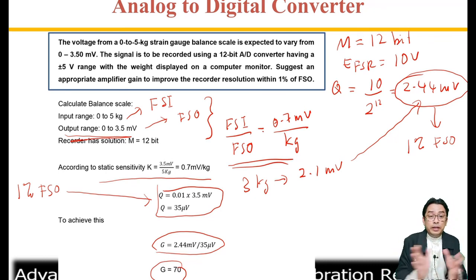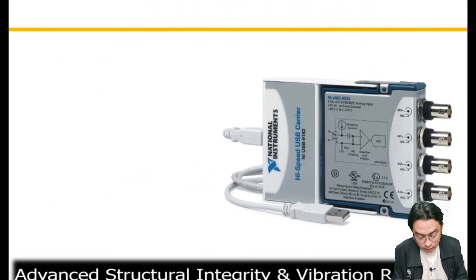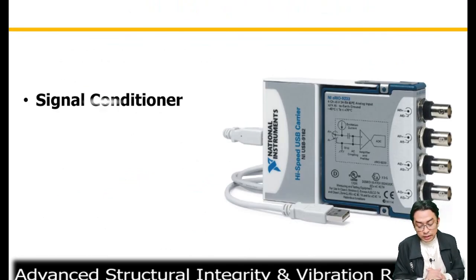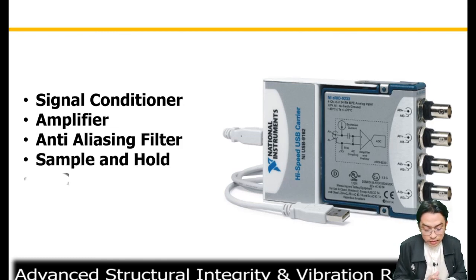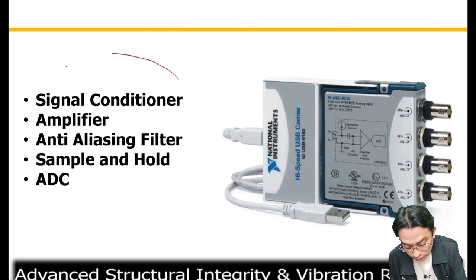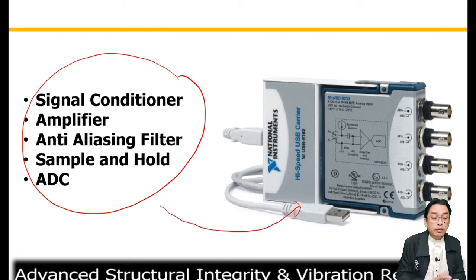I hope that you understand this example. Make sure you understand. If you see this equipment here, all this information is already inside this DAQ. So this is an example of a DAQ.